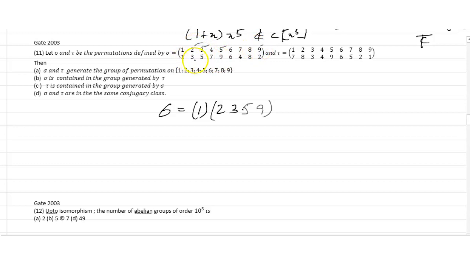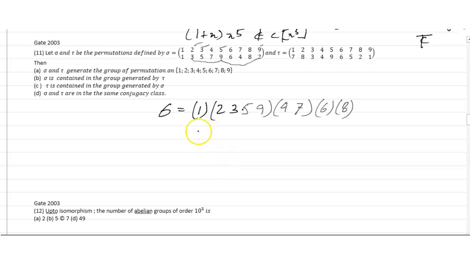You will see that they are written as 2 3 5 9, 4 7, and 6 8.